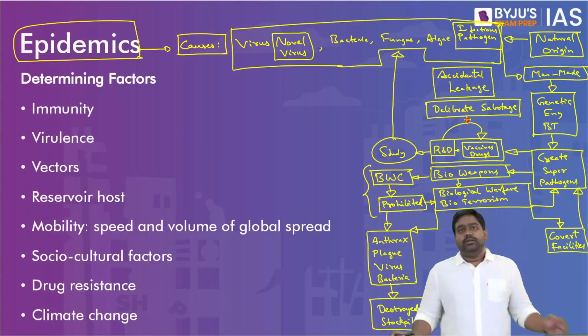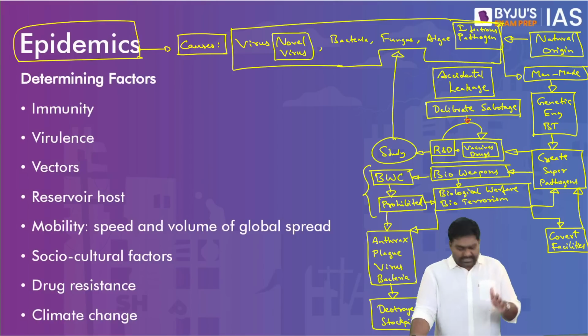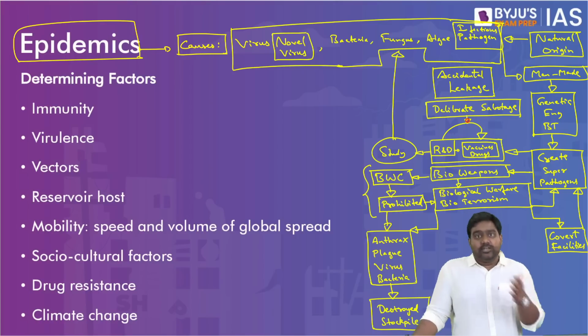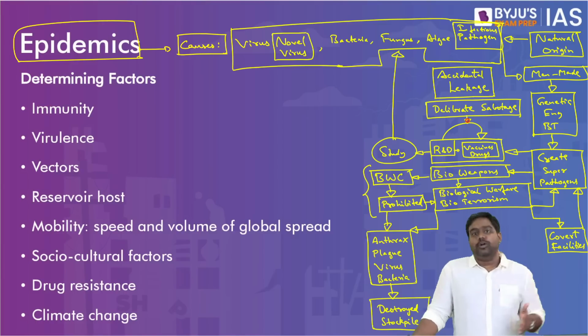Initially, yes, the possibility had to be considered. When the origin was not clearly known, the possibility of COVID-19 being man-made, either getting leaked accidentally in the lab or deliberately being leaked, should be considered. That's what every intelligence agency did, right? The CIA and every intelligence agency, including India's RAW, they considered the possibility of COVID-19 being of man-made origin.